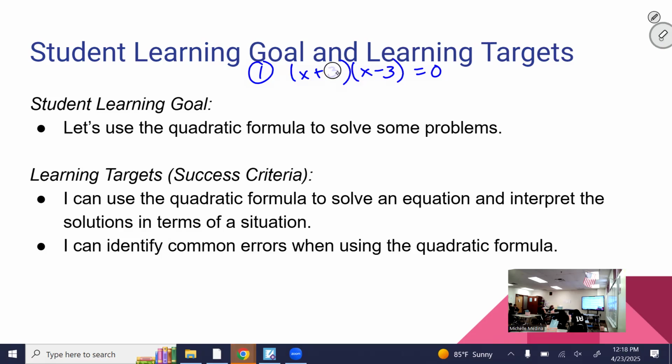So what else? It needs to be set equal to 0 and what? Standard form. Okay, good. And then what do you do after you make sure it's set equal to 0 in standard form?